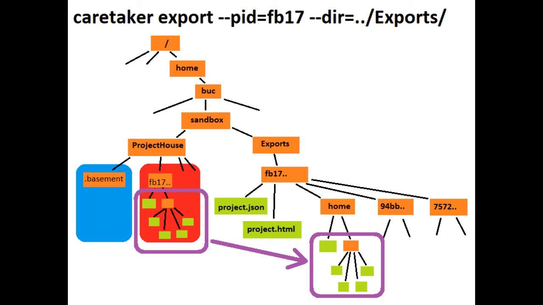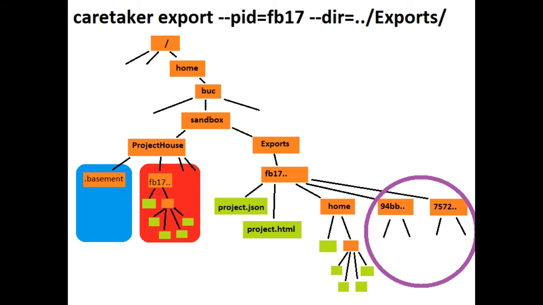The optional file tree of the active home directory, which is present here because the project was active. In the export, this folder is called Home, and it contains exactly the file tree under FB17 in the workshop. The backups here too, each one under the SHA-1 value of its file tree.